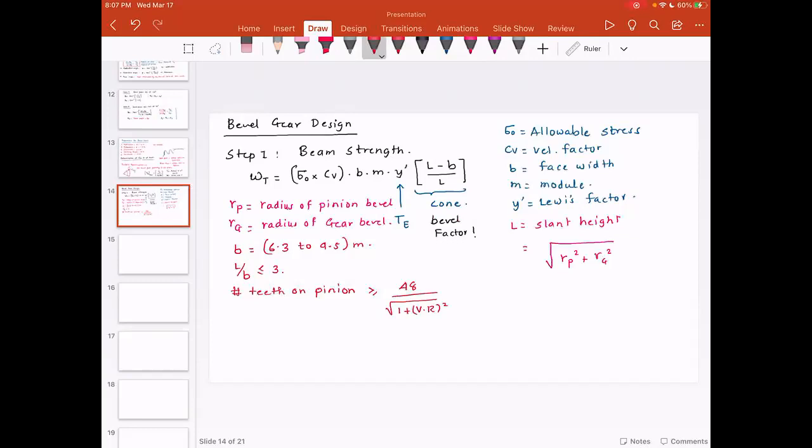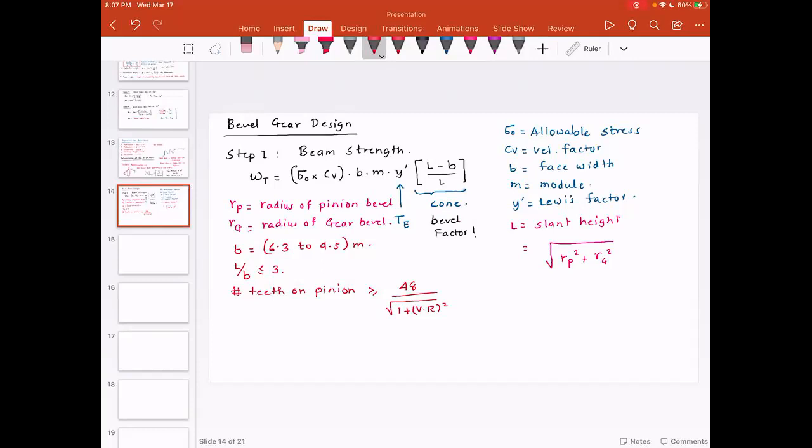And some of you may remember this is similar to the minimum number of teeth needed for a spur gear to avoid interference.